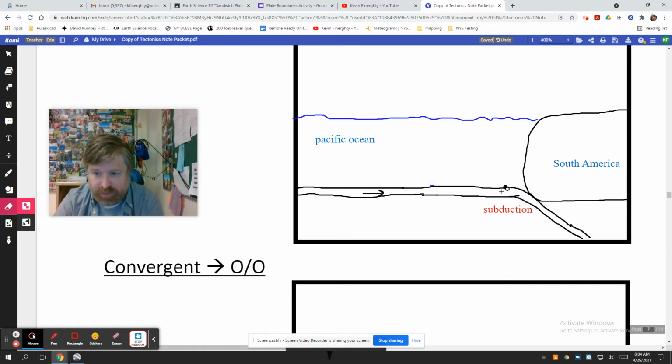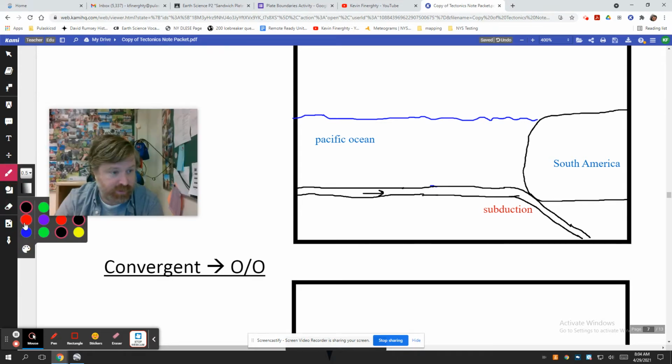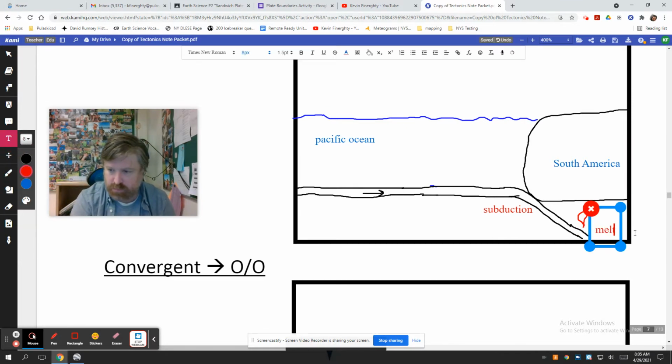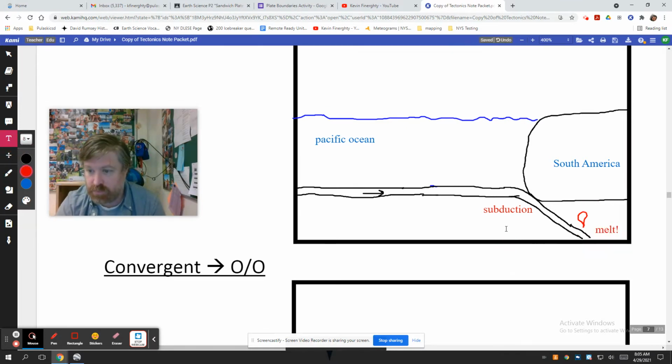Chemically, there's some water involved in the crust here. It's also going down to where it's hotter, so you're going to start to get some melts. We're going to draw that in red because red's hot. So this plate, as it subducts down into the warmer asthenosphere, is going to start to melt.